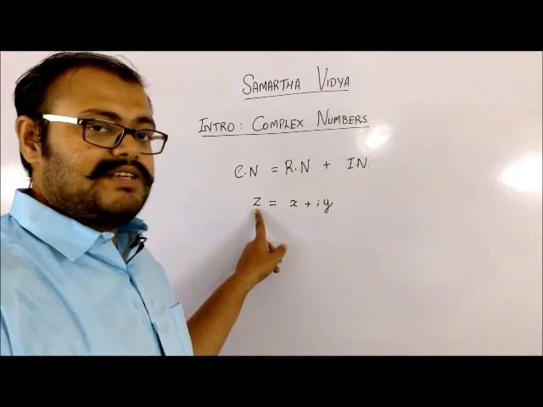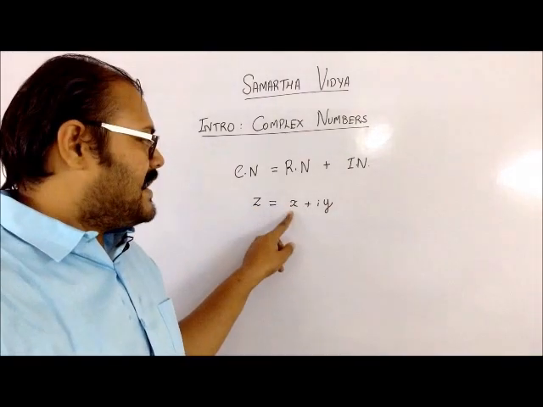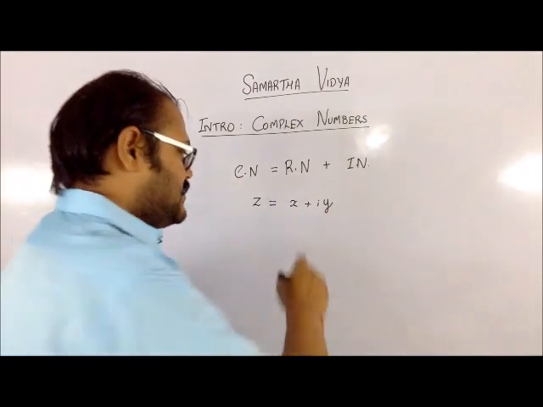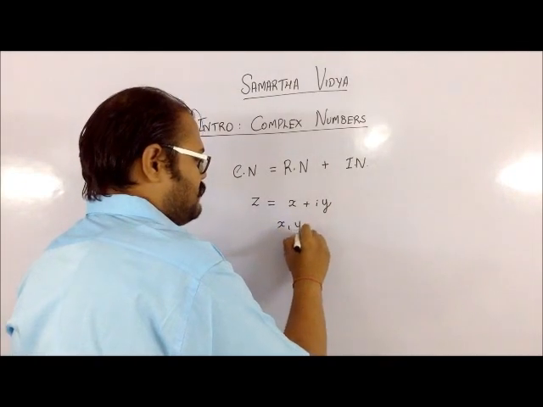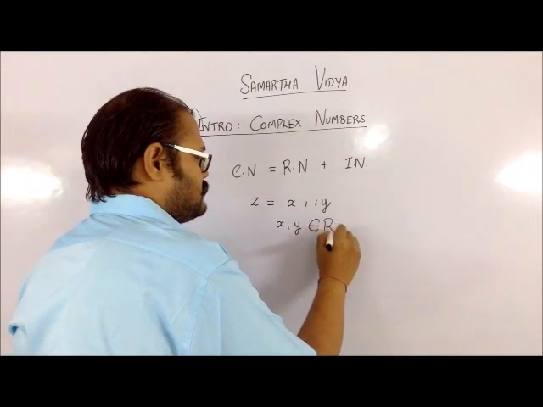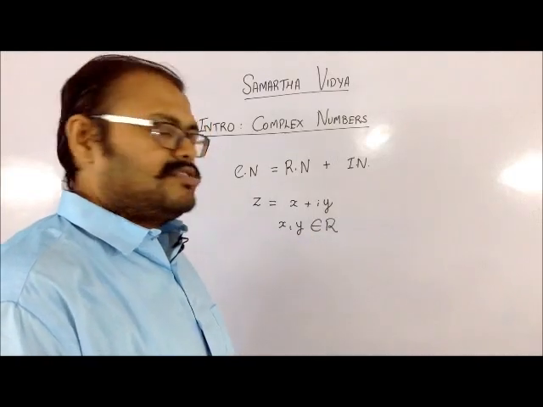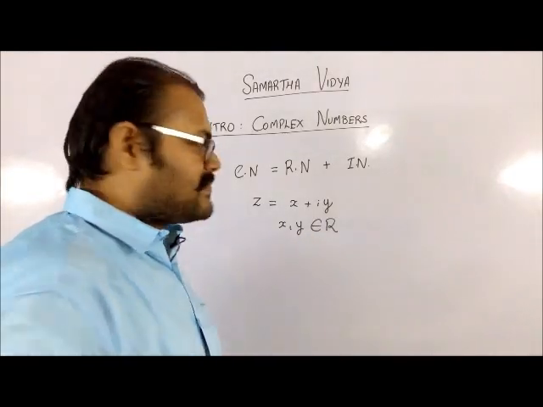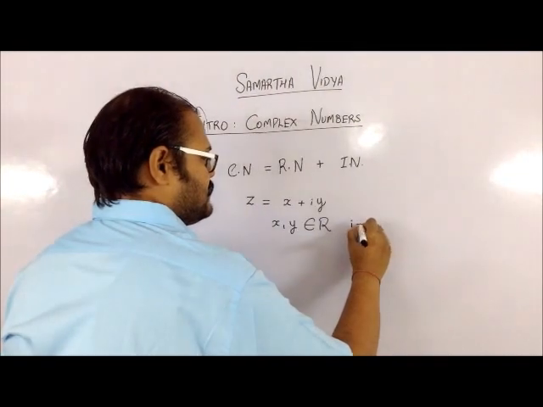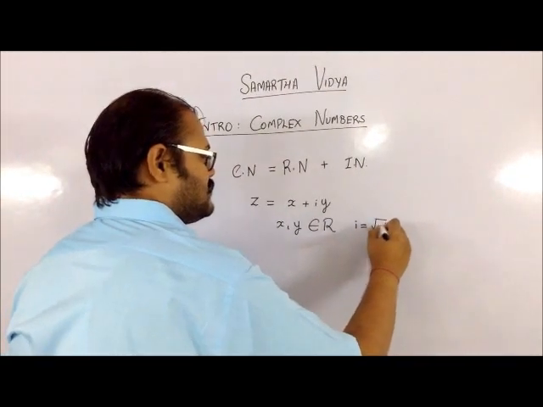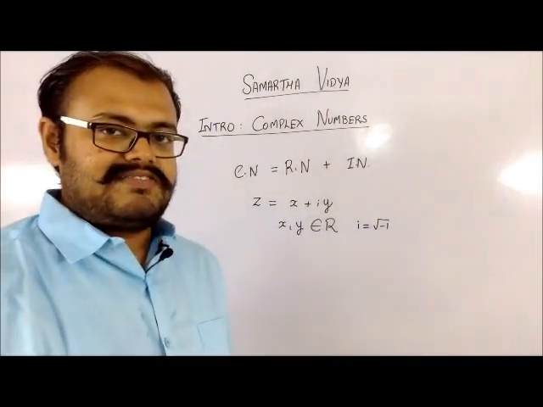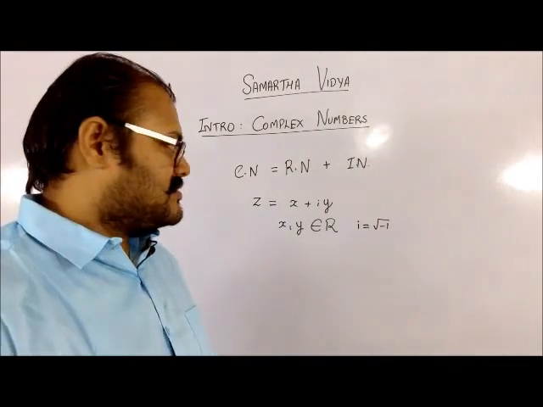So Z is the notation for a complex number, x plus iy, where x and y belong to the set of real numbers, and i has the value square root of minus 1. So this becomes a definition for what complex numbers are.